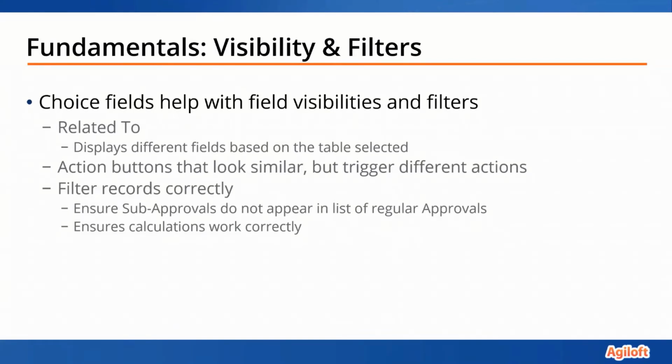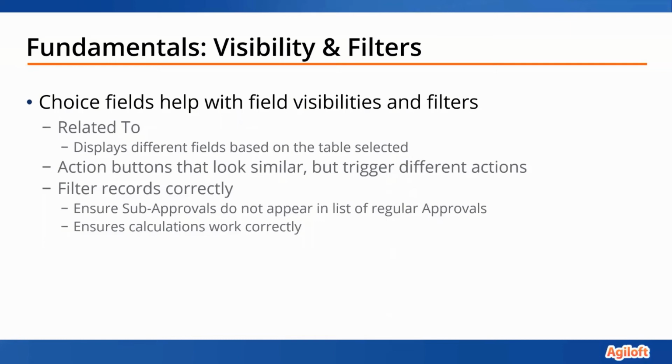We will look at choice fields that control action buttons that look similar but may trigger different actions. We will look at choice fields that can change the timing of approvals. Additionally, these choice fields can apply filters to approvals correctly.